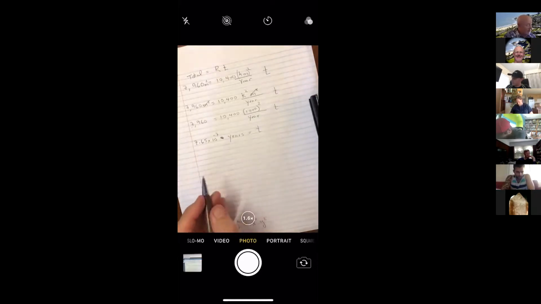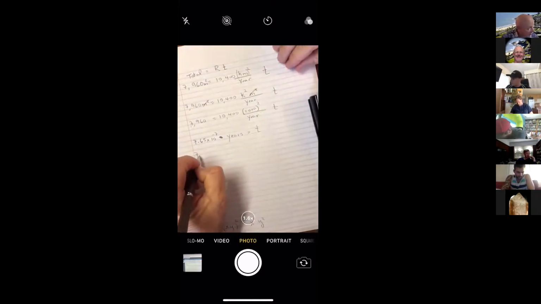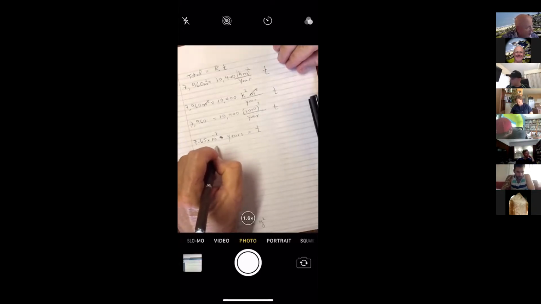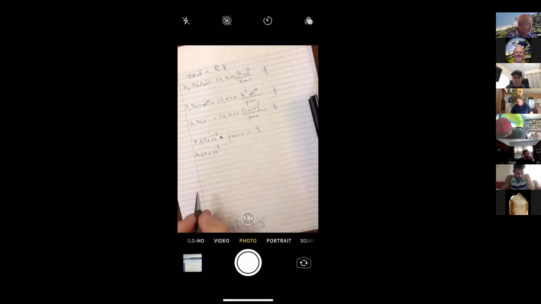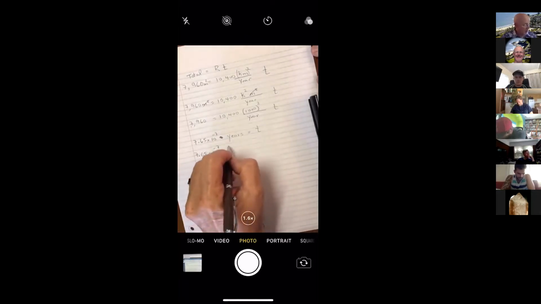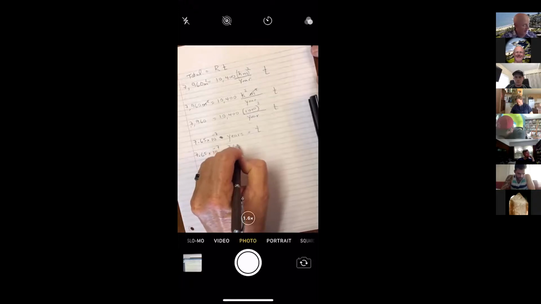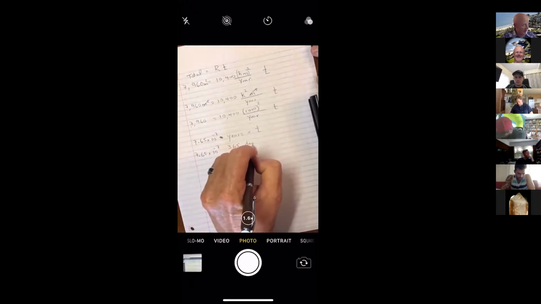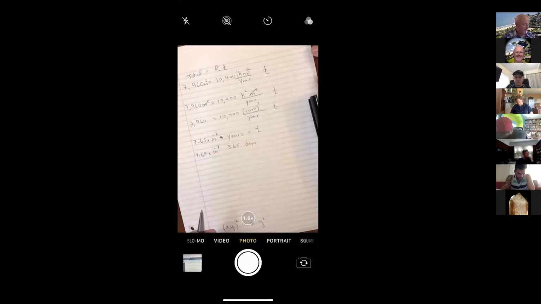And although that's helpful, I still don't have a good grasp of it. So I'm going to replace years with 365 days. That's what a year is equal to. And that's what you were saying: how do you convert units? Just do a direct substitution.